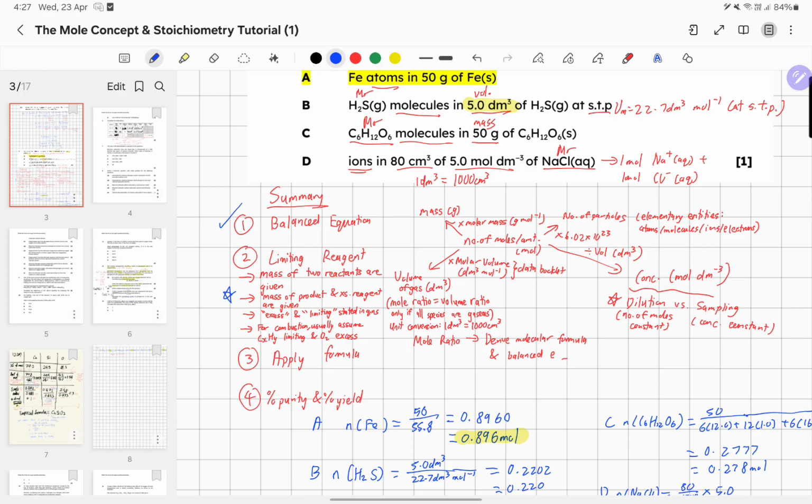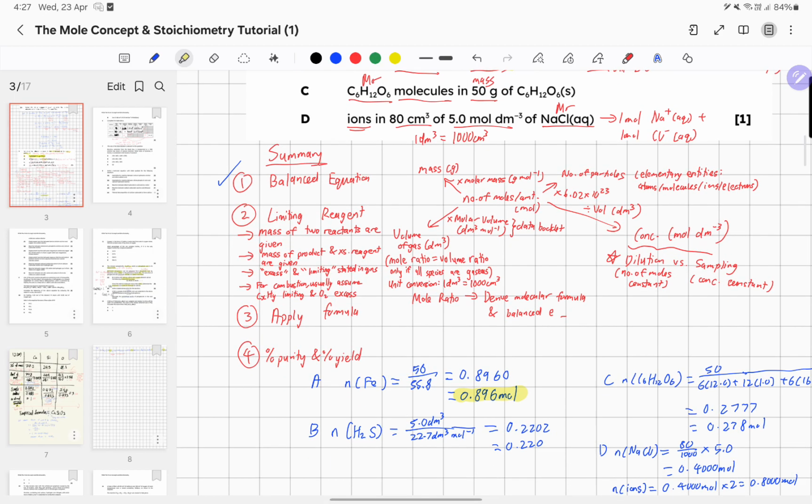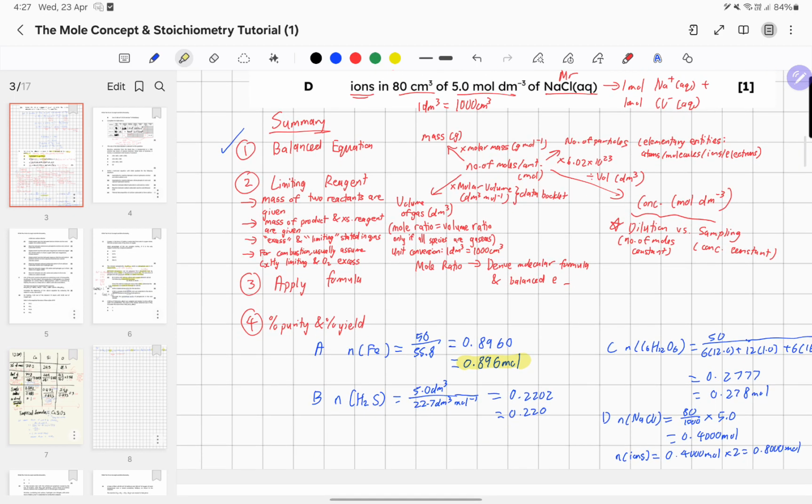You're given mass, so you apply molar mass to reach the number of moles. And last but not least, because they told you to calculate percentage yield, you need to calculate percentage yield.